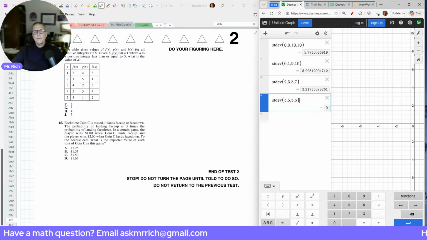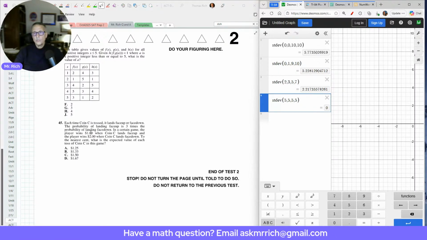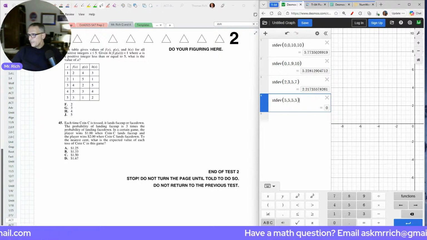So a lot of resources are out there on how to use Desmos to its maximum advantage. You could look at some of those so you can learn the techniques of using Desmos as a graphing calculator.